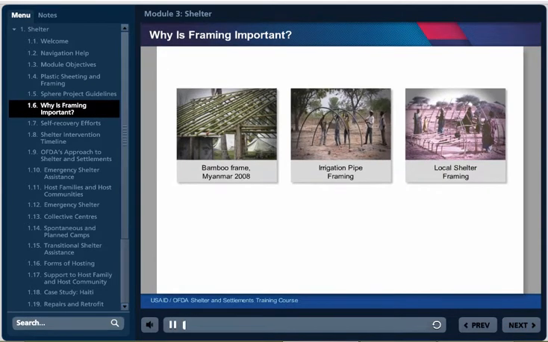While plastic sheeting has become an internationally accepted standard component for emergency shelter intervention and is stockpiled by many humanitarian agencies around the world, this is rarely the case for framing materials. This is not because framing is any less important than waterproofing. Decisions around framing materials for distribution are heavily dependent on the local context.